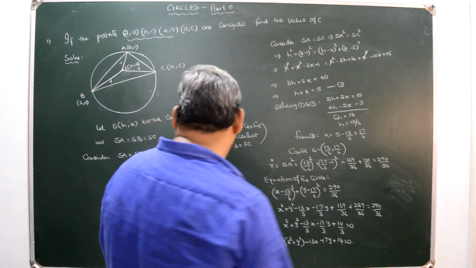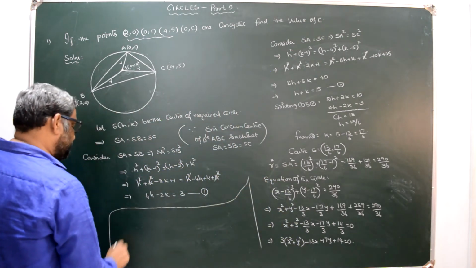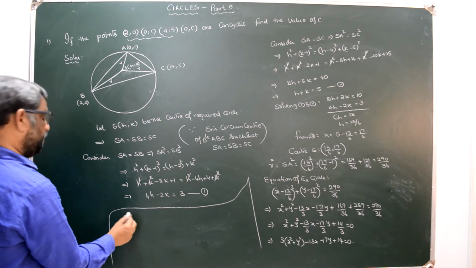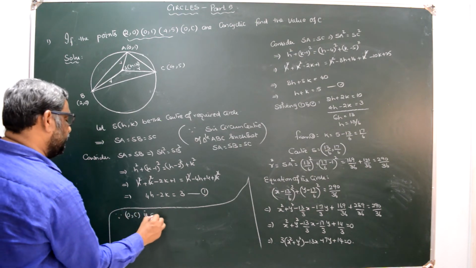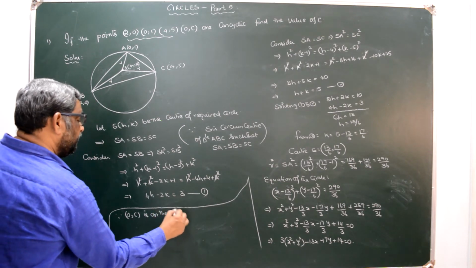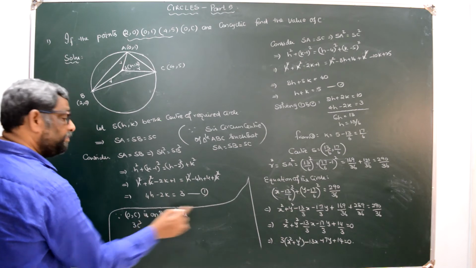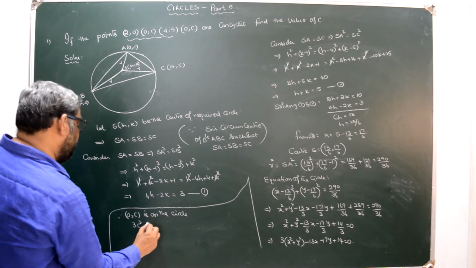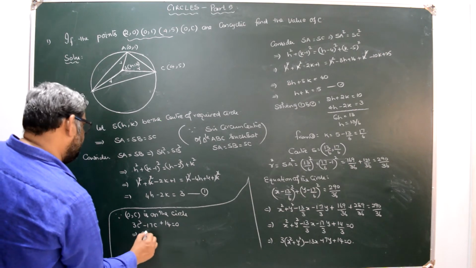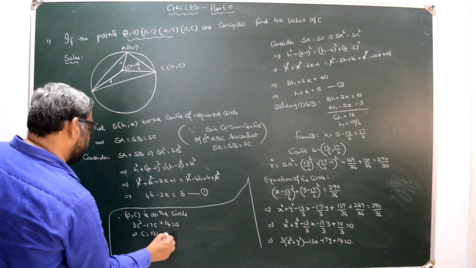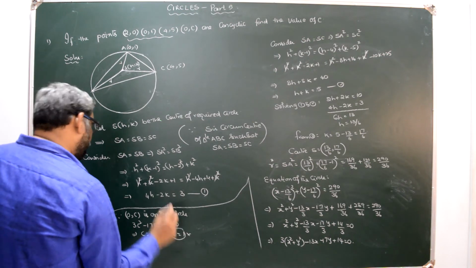Now it is given that (0, c) is a fourth point which is concyclic with this. Since (0, c) is on the circle, 3c square minus 17c plus 14 is equal to 0. By solving, c equal to 14 by 3 or c equal to 1. This is not necessary, so c equal to 14 by 3 is the answer.